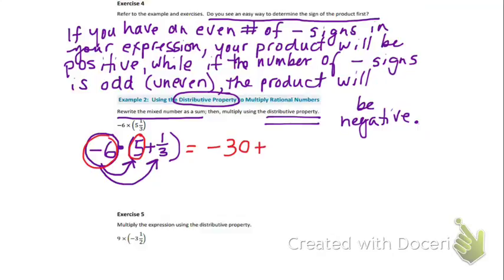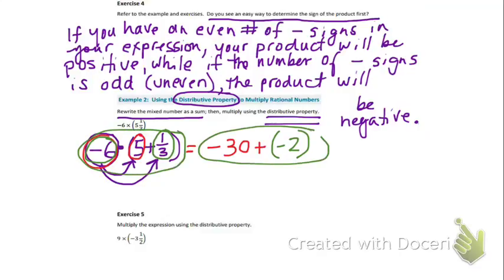Plus, and again we're talking about sums here, -6 times 1/3 is -2. So what I've done is I've taken this expression, turned it into this, which makes it much easier to figure out, and now I have a -30 added to a -2, which is -32.